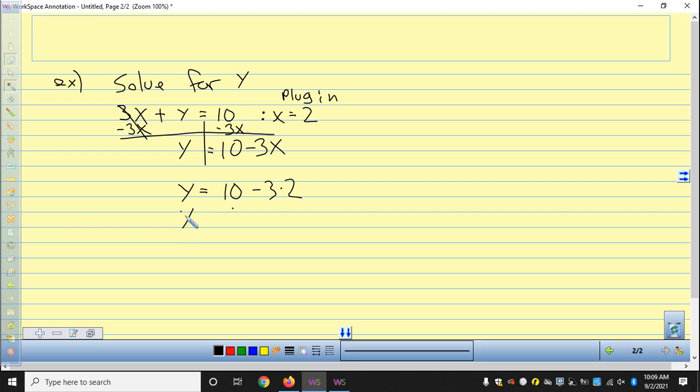Well, that's y equals 10 minus 6, which is 4. Y would equal 4 when x equals 2. So we plug in to this formula or this equation, and we can figure out what y equals when x equals 2. Y equals 4 when x equals 2.